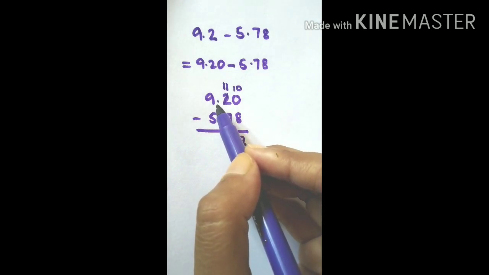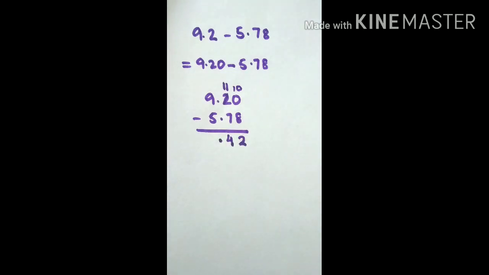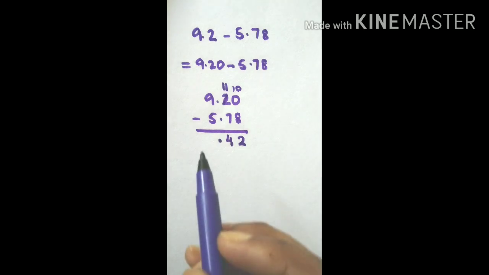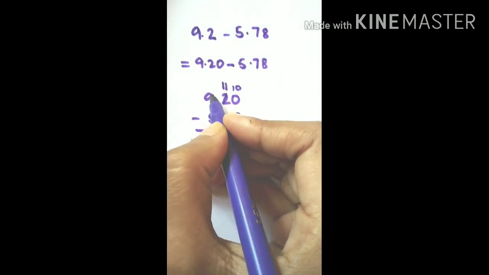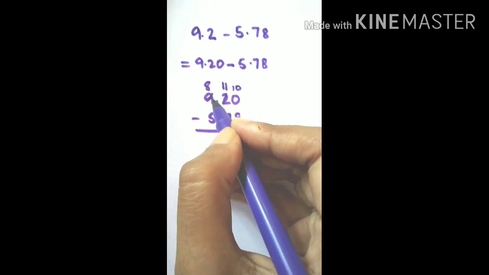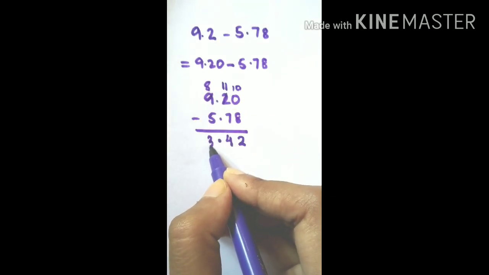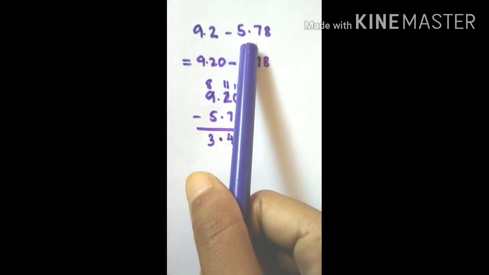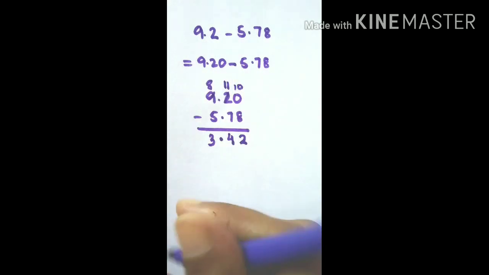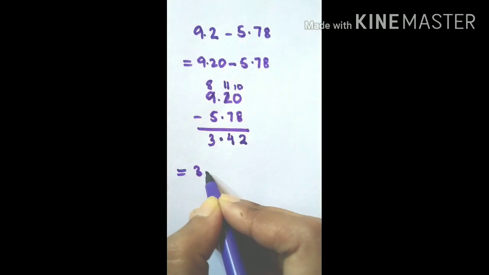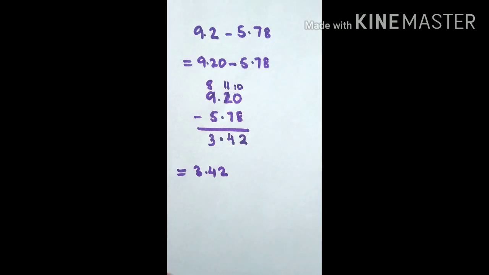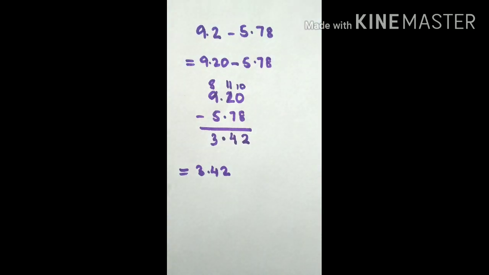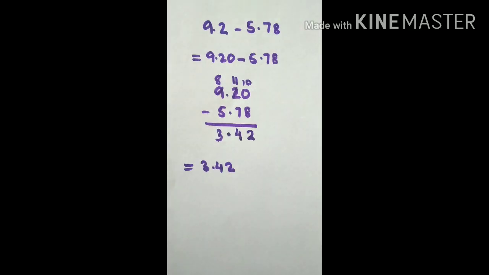And then we will write a point here. Now students, since 1 was taken from 9, it becomes 8. So 8 minus 5 is 3. So students, when we subtract 5.78 from 9.2, we get 3.42. So students, this is how we subtract decimals. That's all for today. Thank you.